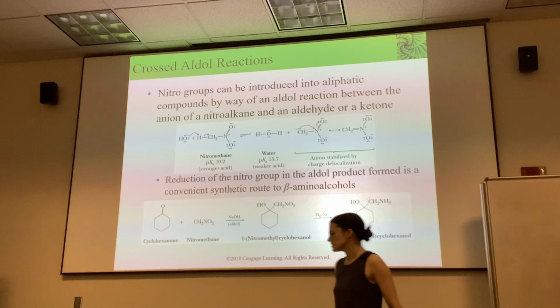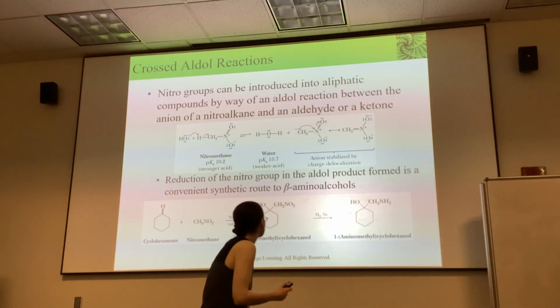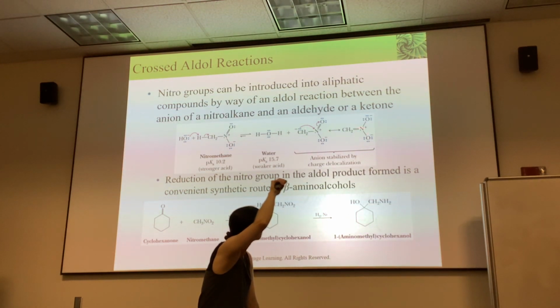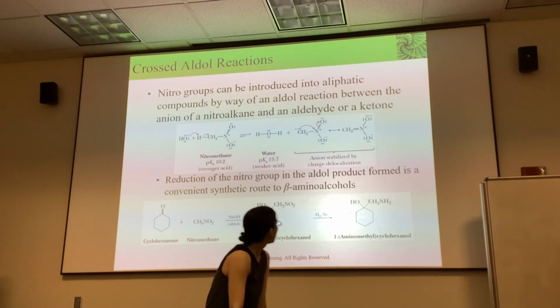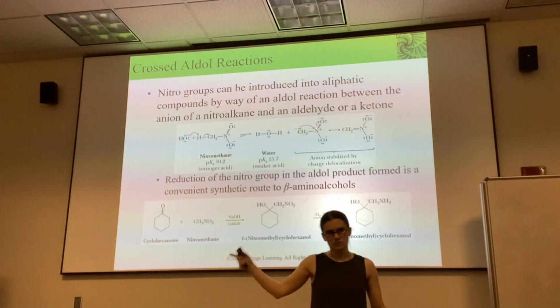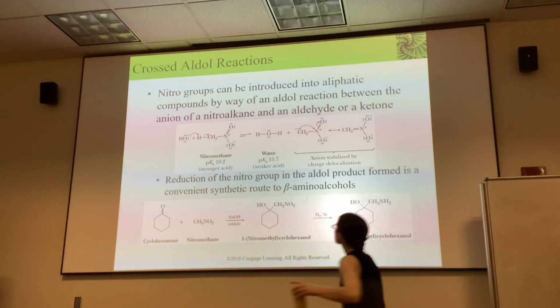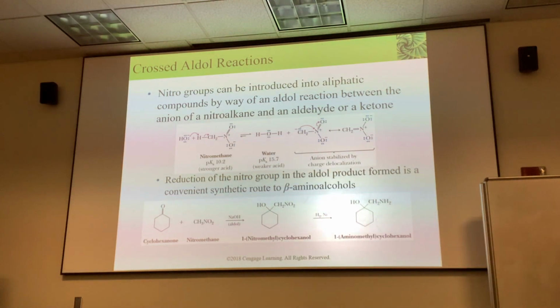You have a fairly basic solution, pH 10, you would have an equal amount of nitromethane and its anion, which is resonance stabilized, right? So you can do the same thing that we did before, except this guy is going to be our enolate, sort of.